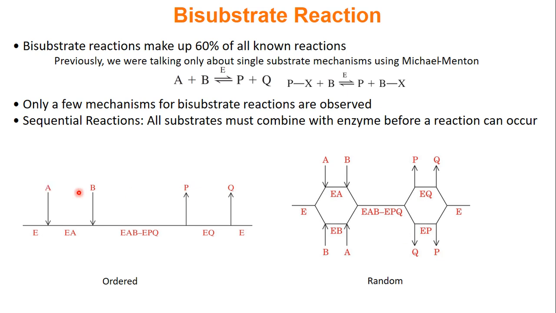So we have two substrates, A and B. They have to bind before we can make the products P and Q. Ordered means A always has to bind and then B has to bind. We always release P first and we always release Q last. Random is it doesn't matter which one comes on and which one comes off. A could be on first or B could be on first. The enzyme can happen either way. But they're both sequential in that they have to combine with the enzyme before a reaction can occur.